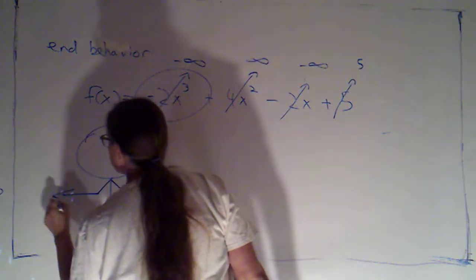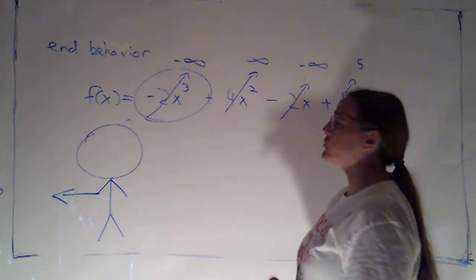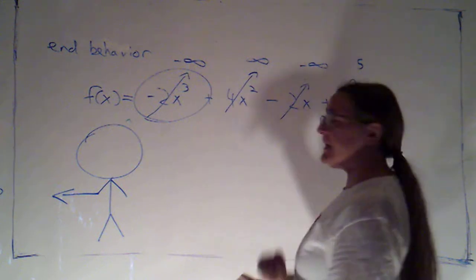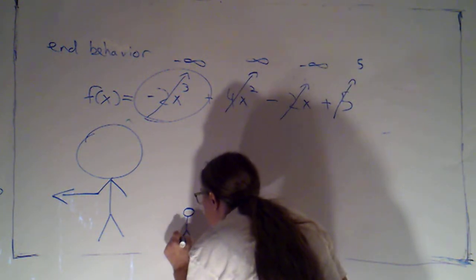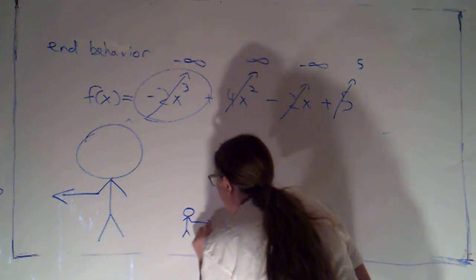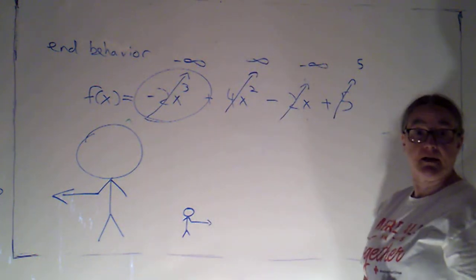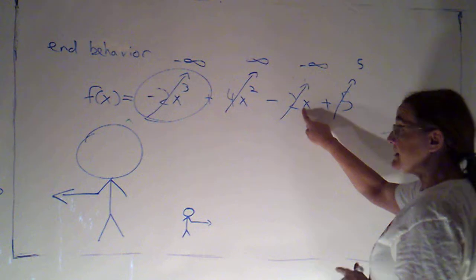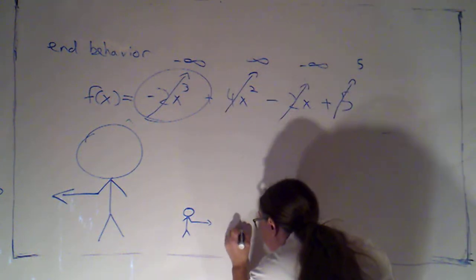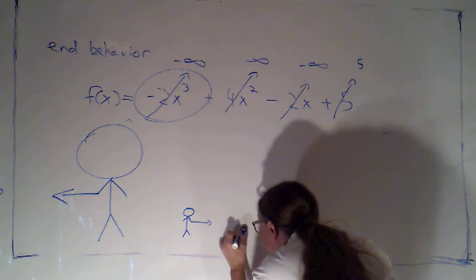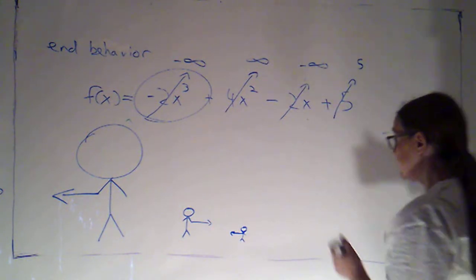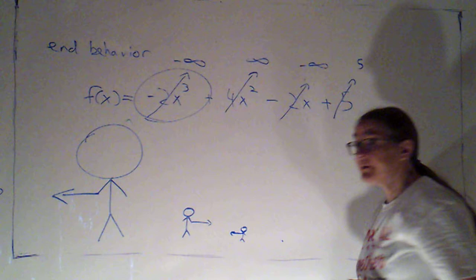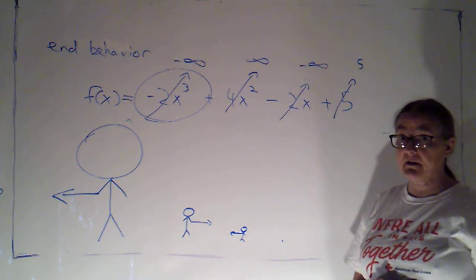So that piece is trying to take us in that direction. This piece here says, no, I disagree. I think we should be going off to positive infinity. This piece says, I agree with the big guy. I think we should go to negative infinity. And then this piece says, oh, please, couldn't we just stay here at 5? It's so lovely here at 5.